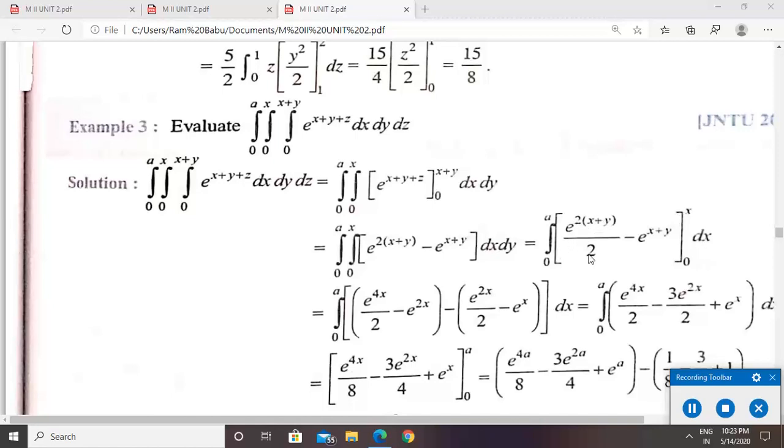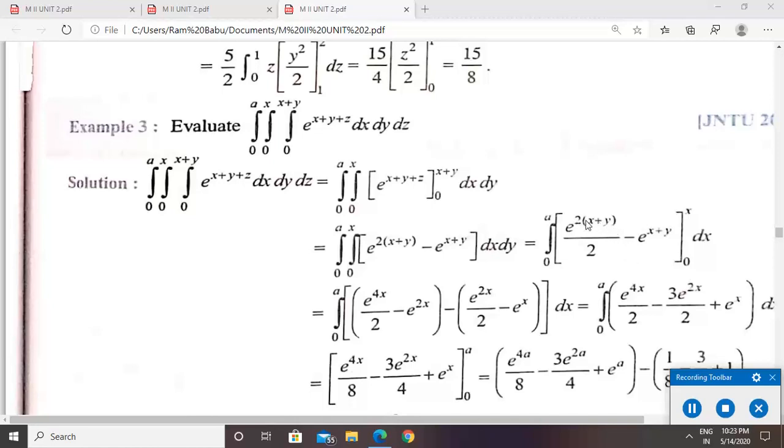Now we will replace y first with x, next with 0, that is e power of 2 into x plus x, upper limit is x, and x plus x is 2x, 2 into 2x is 4x, e power of 4x by 2 minus e power of x plus x, e power of 2x. Okay, upper limit is replaced.